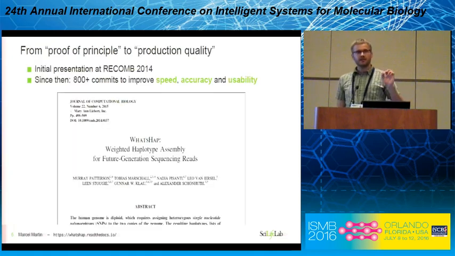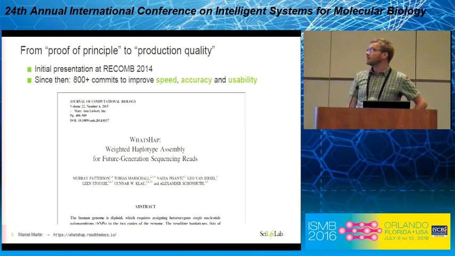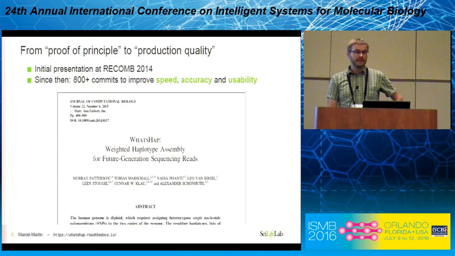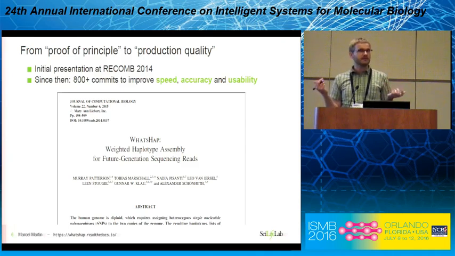I'm not going to talk much more about the algorithm itself because that has already been presented at RECOMB 2014, so a while back, and you see here the JCB journal version from 2015. I will talk about how we turned a proof of principle implementation, just to explore the concept, into a, let's say, nearly production quality tool, and why, of course, you should use it.